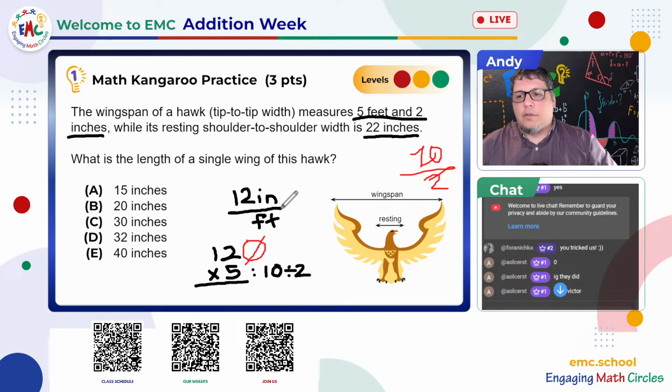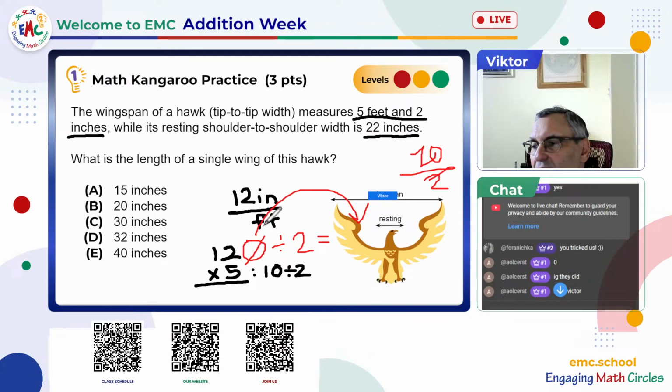So 12 multiplied by 10 is 120. And now we have to divide that by 2. What is 12 divided by 2? 12 divided by 2 is 6. And then we have only 0 to transfer next to the 6. And that gives us 60.